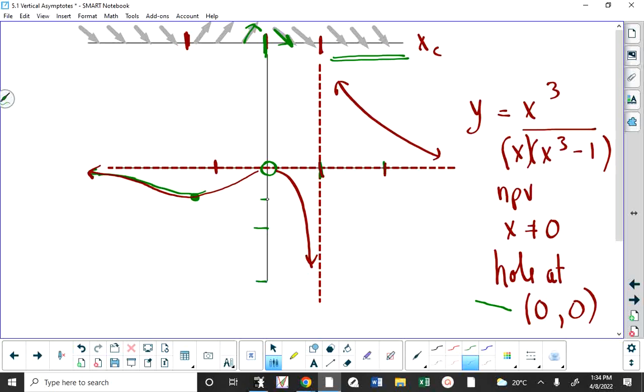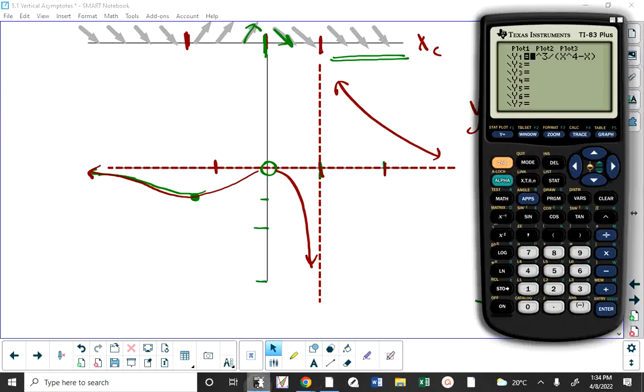And horizontally, it looks like I'm going from about -3 to 2. So in my window settings, my minimum x is -2, my maximum x is +2. For my y's, I'm going from -2 to +2. Looks okay. That's pretty good.